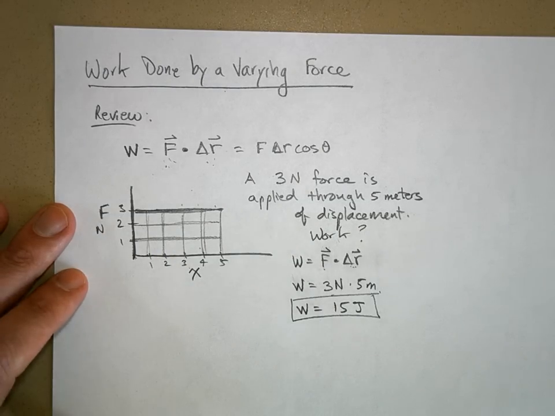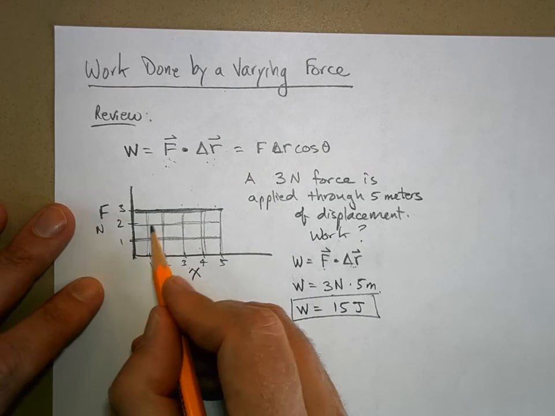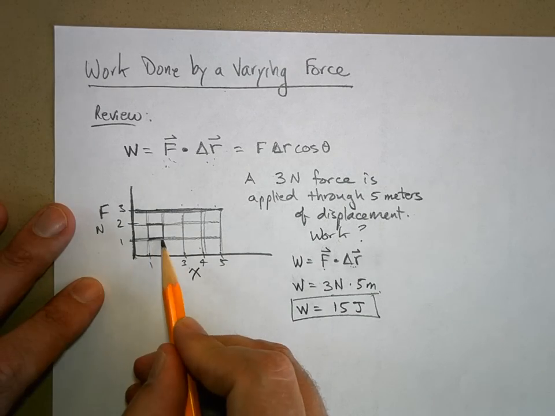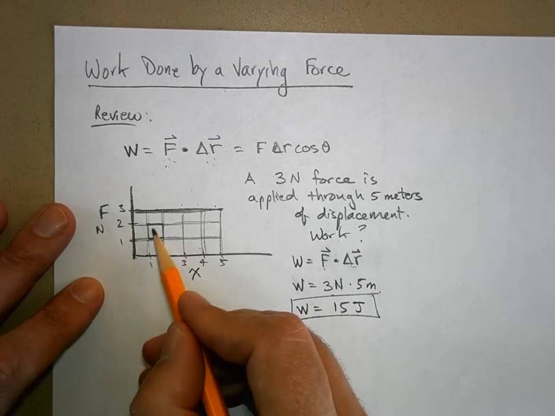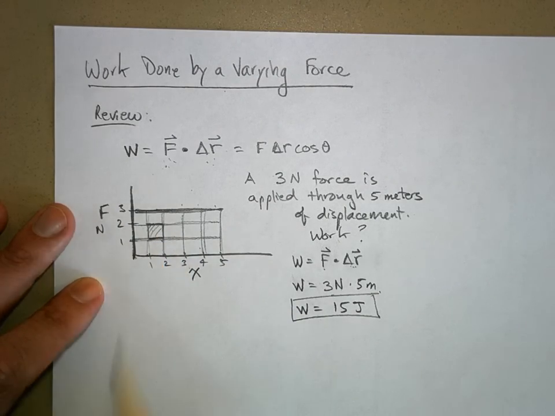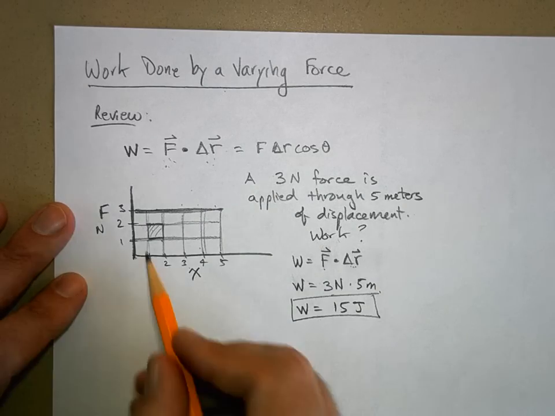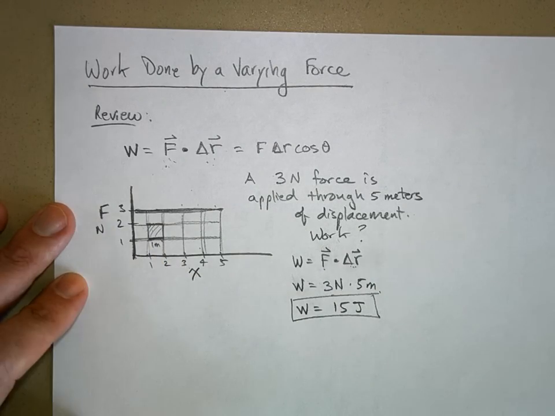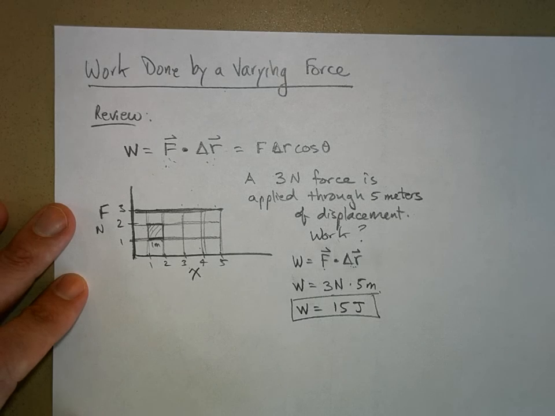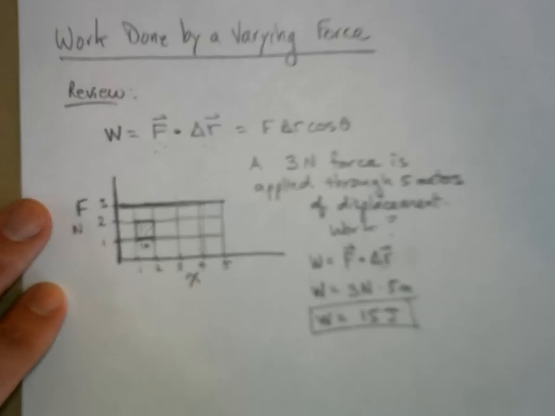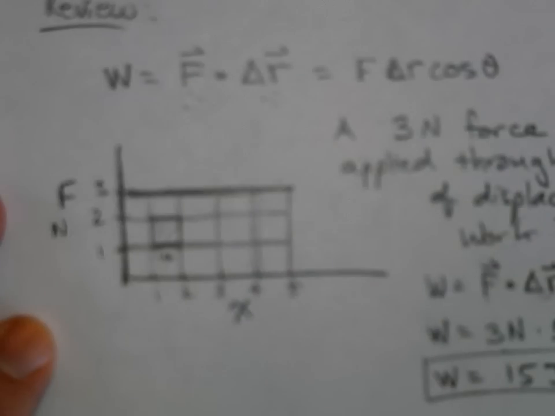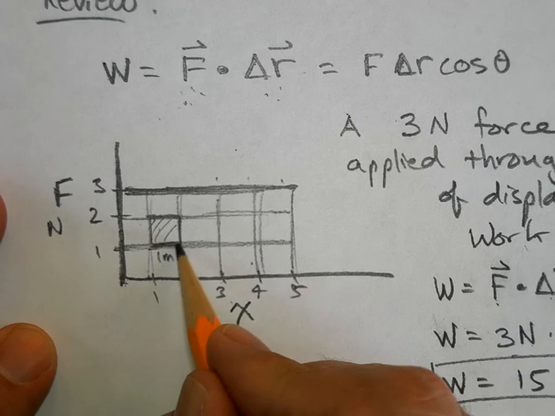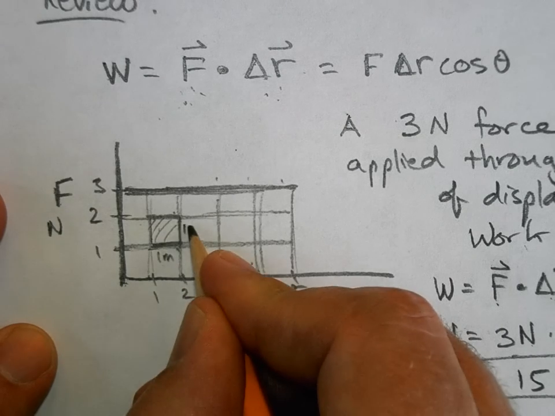And if I look at each one of these little squares, let's look at this square right here. An area is base times height for a square. And this base is 1 meter. Let me zoom in so people in the back can see. So that's 1 meter, and then this height here is 1 newton.